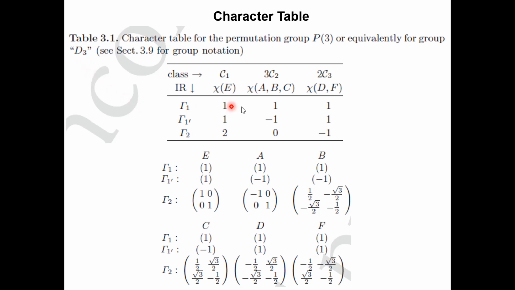So this is then the character table for group D3. All the group elements belonging to the same class correspond to one column of the table. If you remember our discussion last time, for this group we had three different classes. One is the identity, which is always in a class by itself.